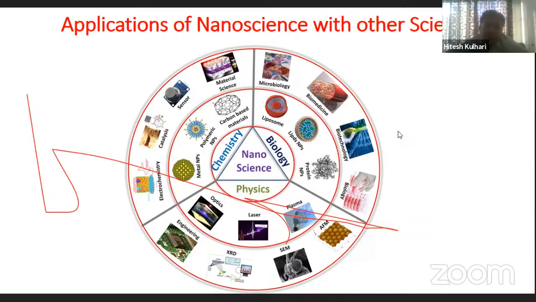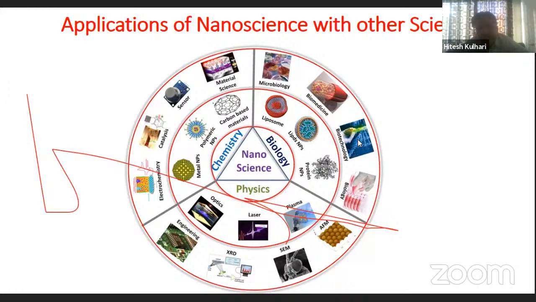The lipid-based, protein, and polymer-based nanoparticles, because they are highly biocompatible, are rapidly being used in biological science, mostly in the healthcare sector, in microbiology, and in designing various nanomedicines.